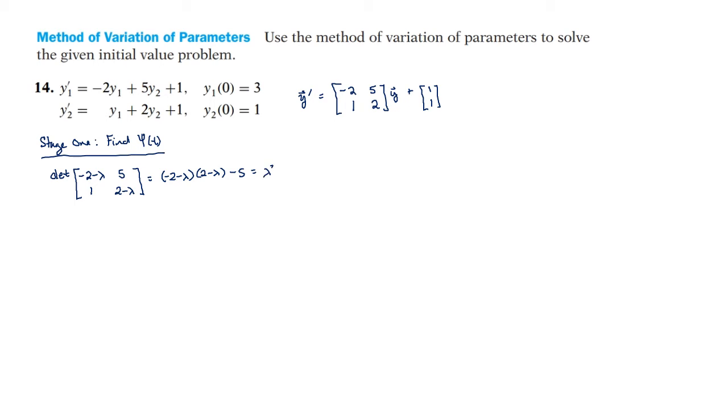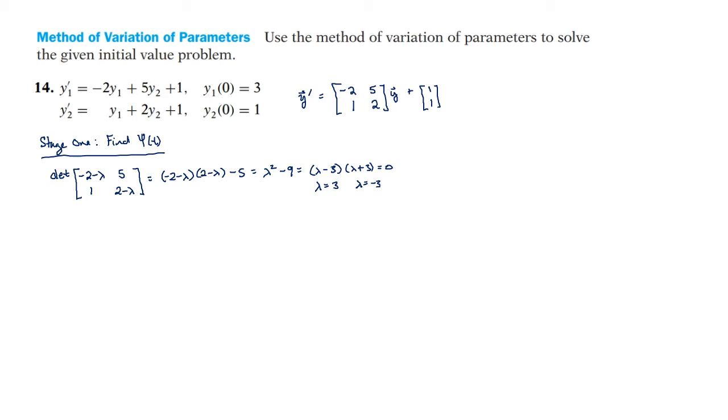We'll have lambda squared, then negative 2 lambda plus 2 lambda cancels out, and then minus 4 minus 5 is minus 9, which factors as lambda minus 3 times lambda plus 3. We want this determinant to equal 0, so for eigenvalues, we've got lambda equals 3 and lambda equals negative 3.